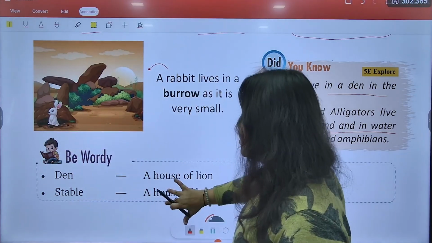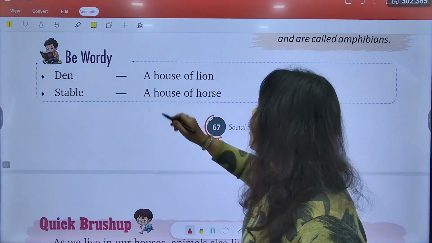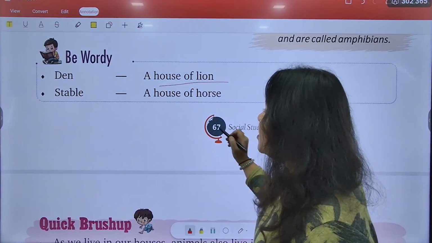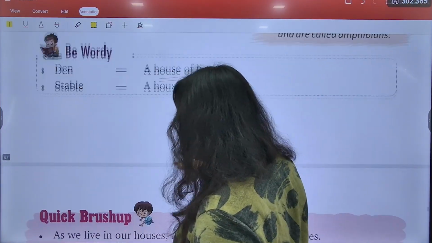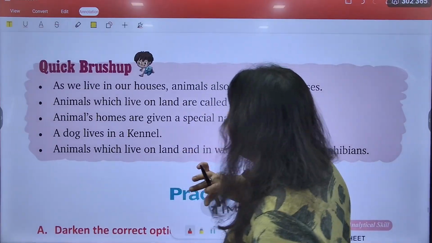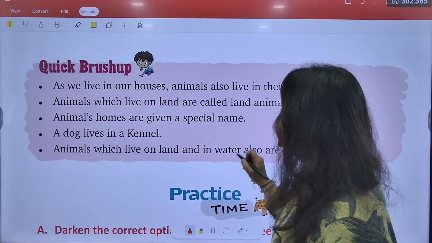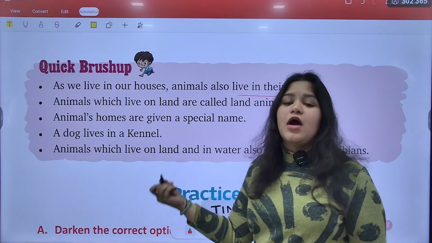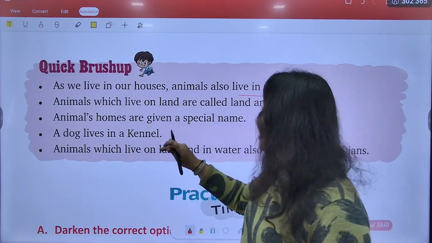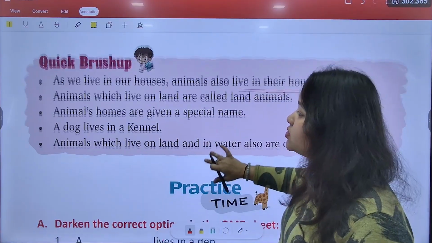Now let's build our word bank. Den: a den is a house of a lion. Stable is a house of a horse. Let's quickly brush up this chapter. As we live in our houses, animals also live in their houses.